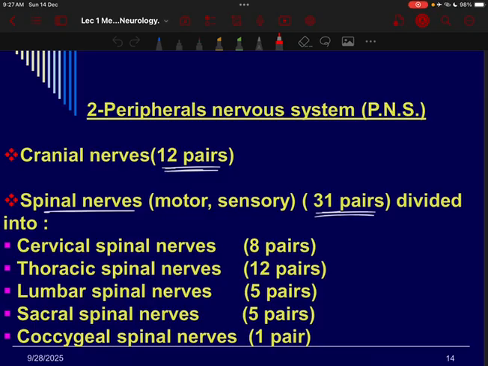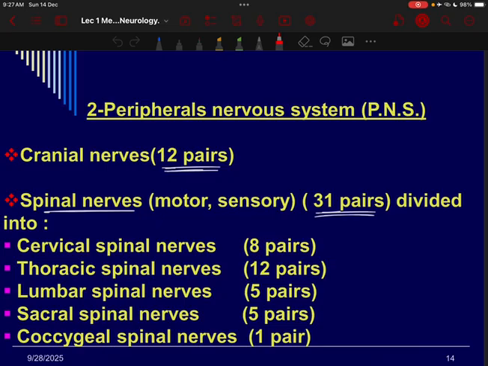We have 12 pairs of cranial nerves. And the spinal nerves, which come out from the spinal cord.